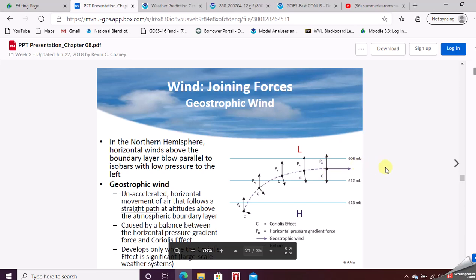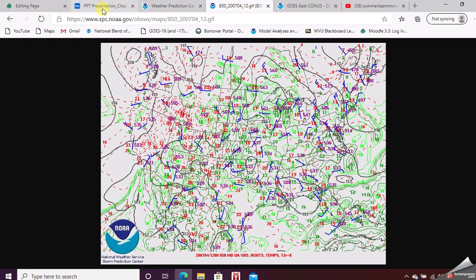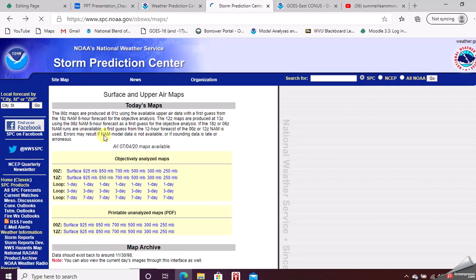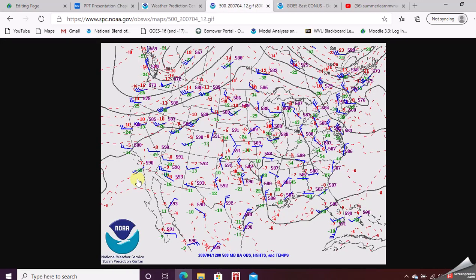So you see this a lot in upper air charts. Let's take a look at one real fast, and let's go up here a minute. I can get you a better one than this. We're going to look at this. Let's look at 500 millibars today, which is about halfway through the atmosphere. Notice these winds out here. Here's your pressure lines. A little bit of a pressure gradient out here.